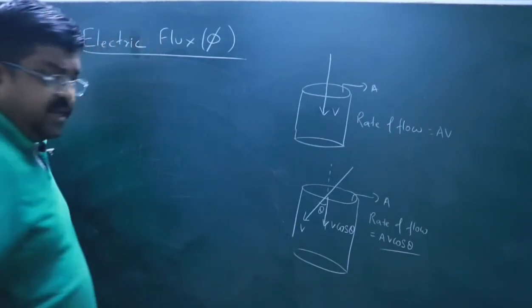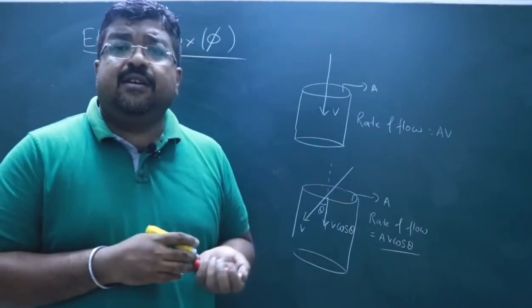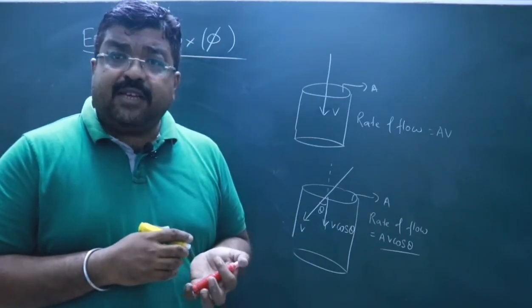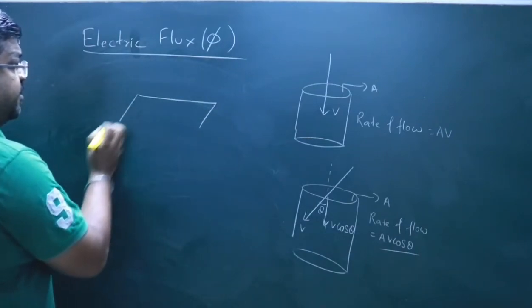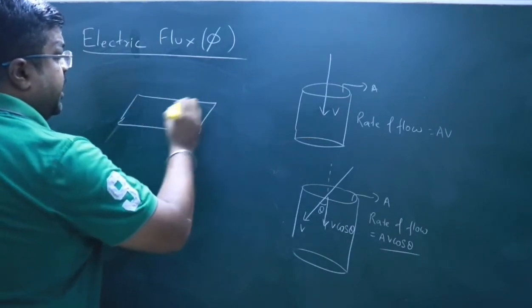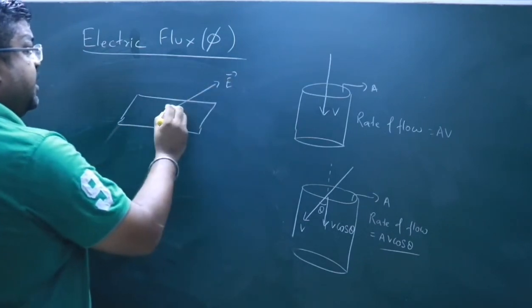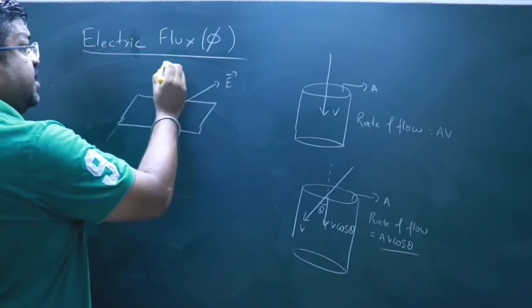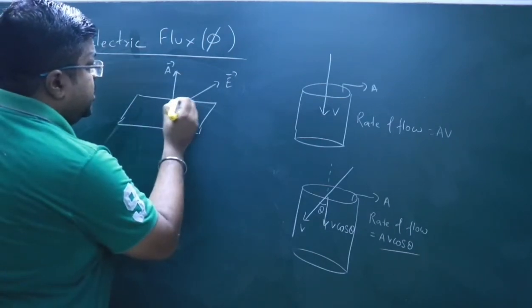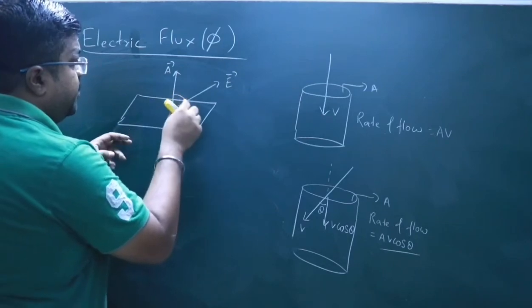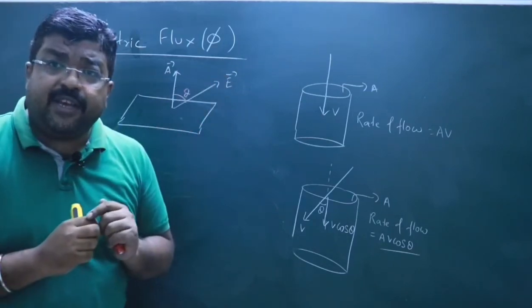how can we define electric flux as we have defined liquid flux? Suppose this is an area, and this is the direction of the electric field, and this is the area vector. Suppose this angle theta is the angle between the direction of electric field and the direction of the area vector.